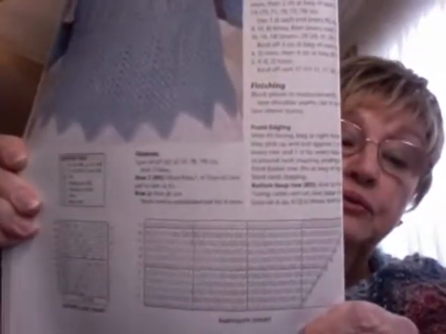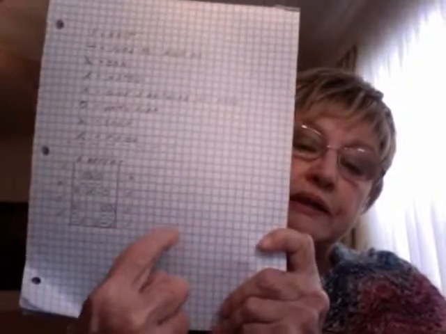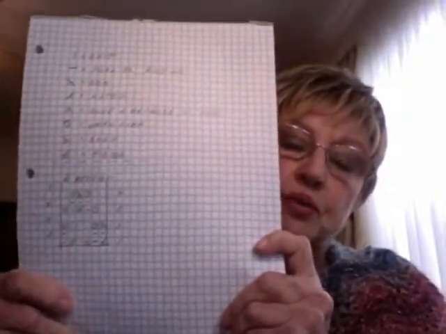Let me show you one. There's this one in the magazine, and you really don't want to follow that chart in the magazine. So either you make a copy and make it larger, or write it down and have it done like this, with some of the paper with squares.